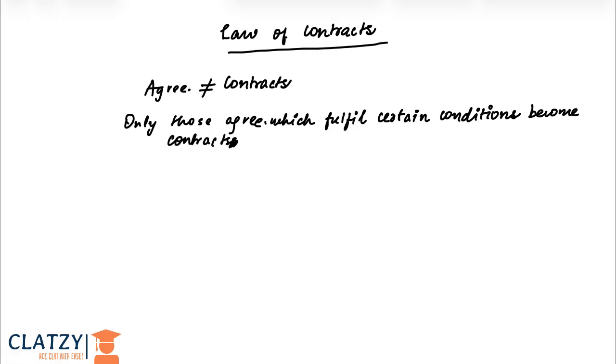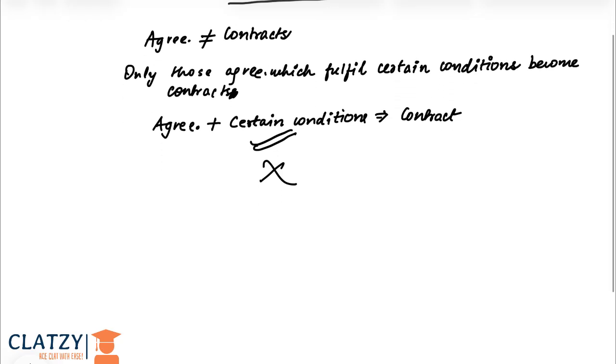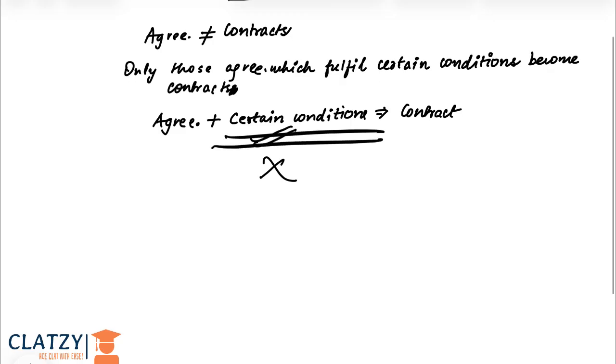Or in other words, you can say that agreement plus certain conditions, when these are fulfilled, then we have a contract. And if these conditions are not fulfilled, then we don't have a contract. All right? So this is the first thing that we have clearly understood so far.